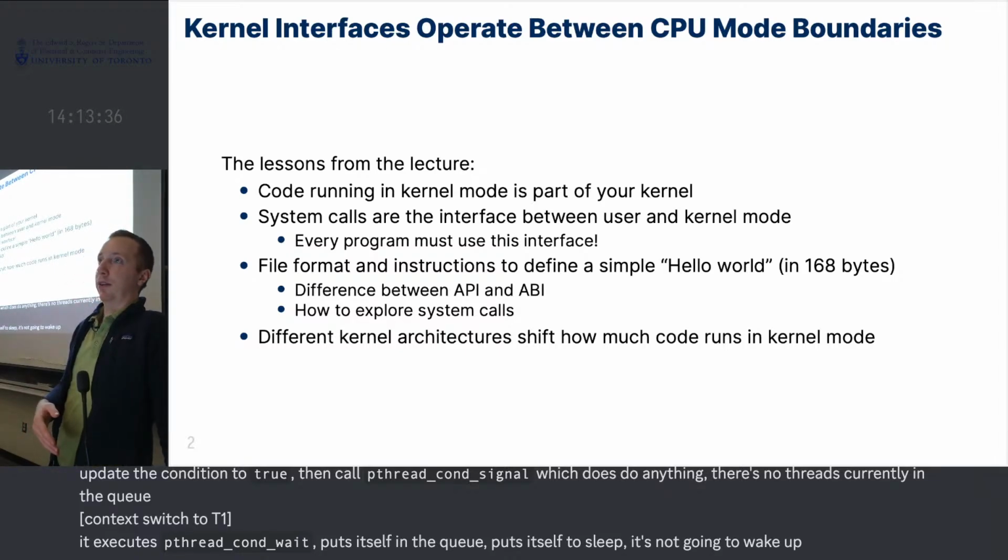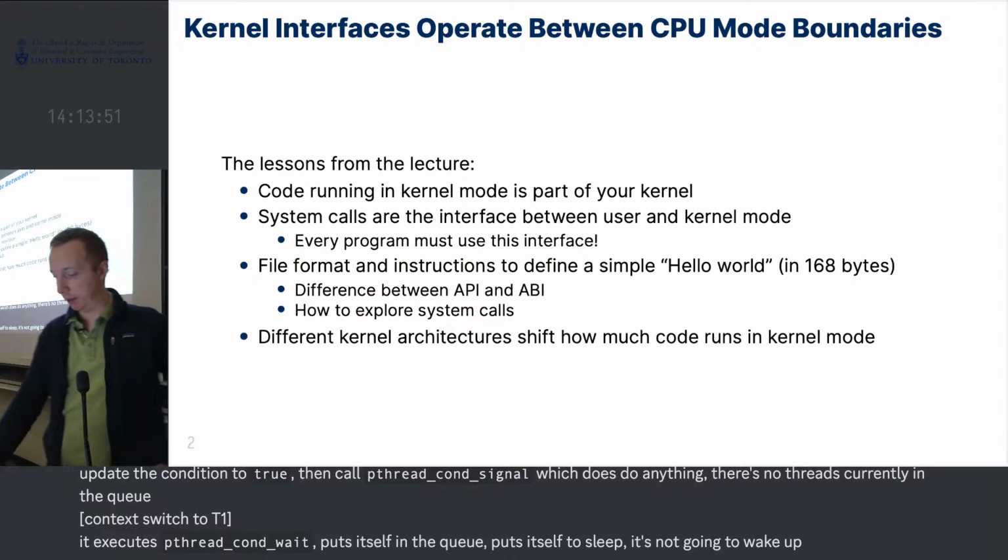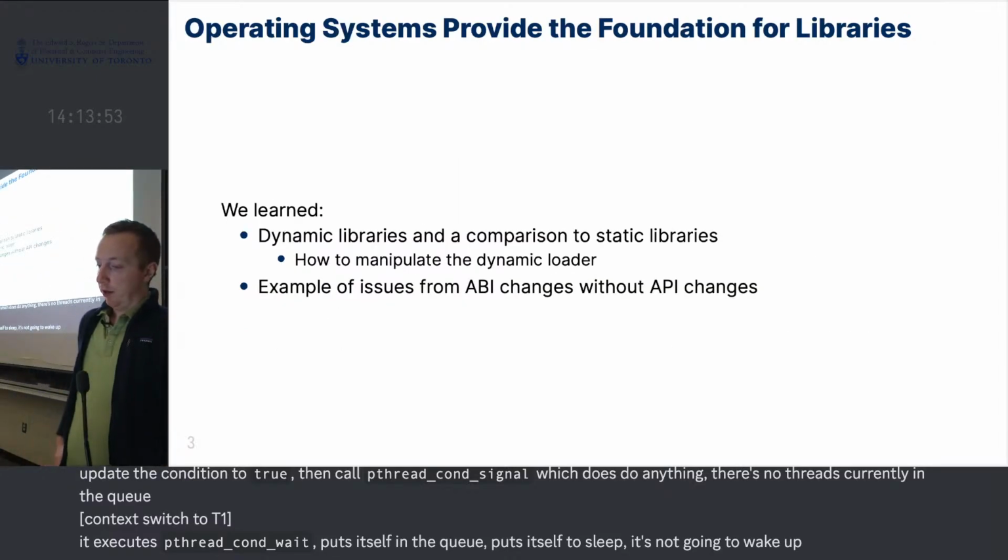If you take this to the extreme, there are microkernels, which just have the bare minimum running in kernel mode, so they only deal with scheduling, they only deal with virtual memory management, and then they only have basic IPC, or inter-process communication.